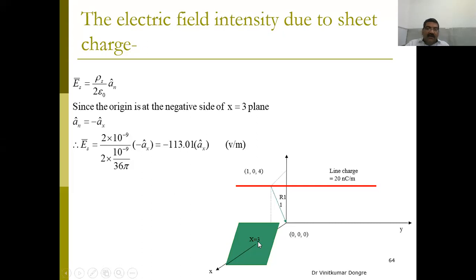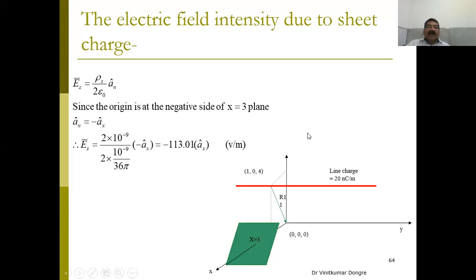Here is the plane, and this is the origin where you are interested in finding the electric field intensity, and this point is x equals 3. So the vector is from x equals 3 to the origin, in the direction towards the origin. So 0 minus 3, that is minus 3 a_x, will be the vector.